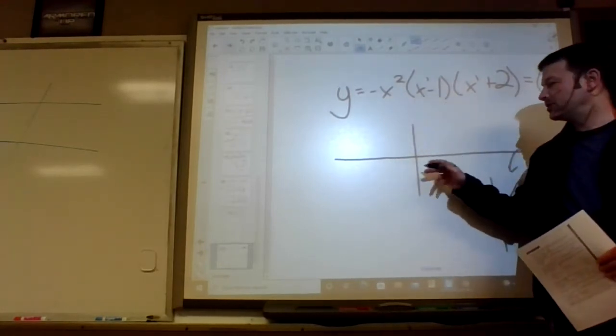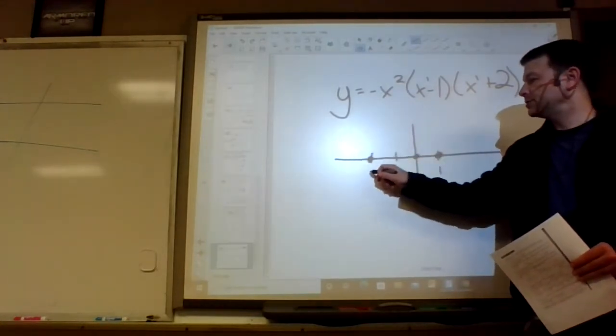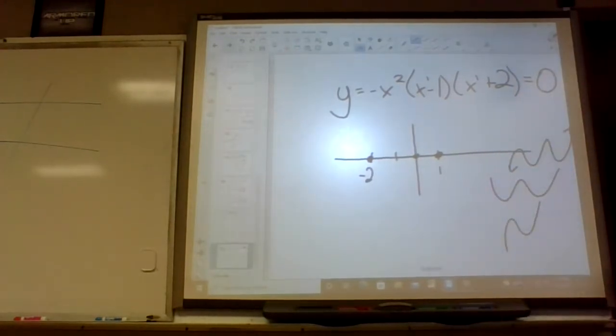So you put a dot at 1, negative 2, and 0. That's where it's going to cross the x-axis. Then you just draw it.